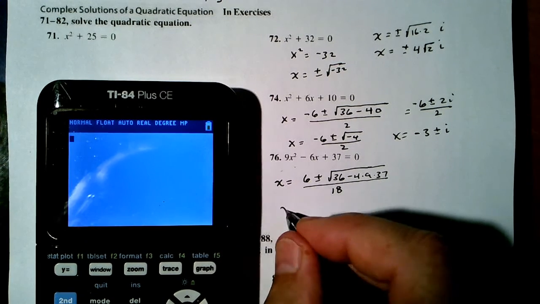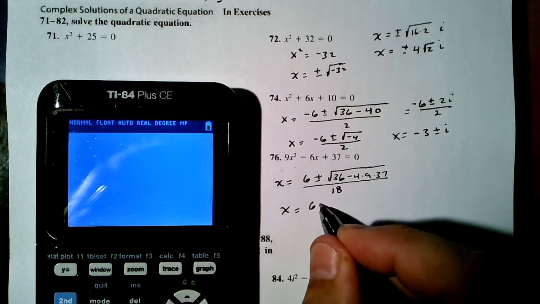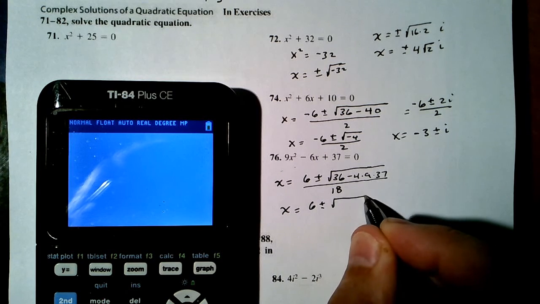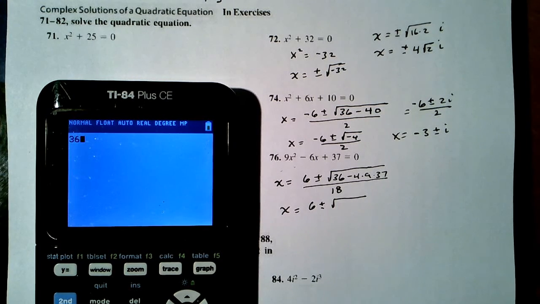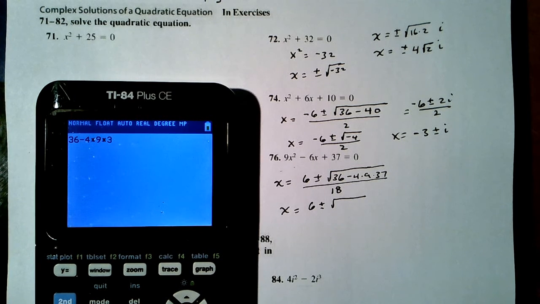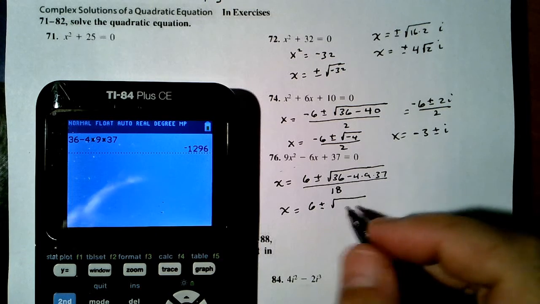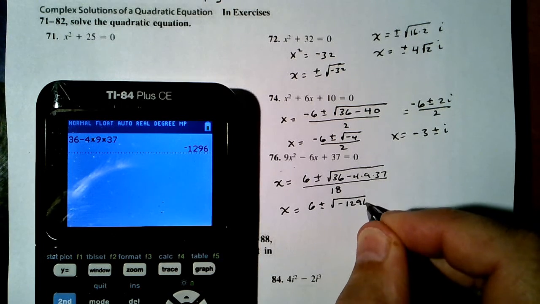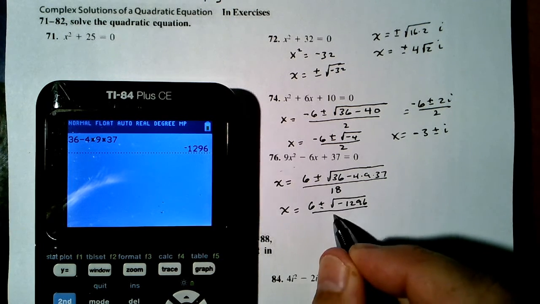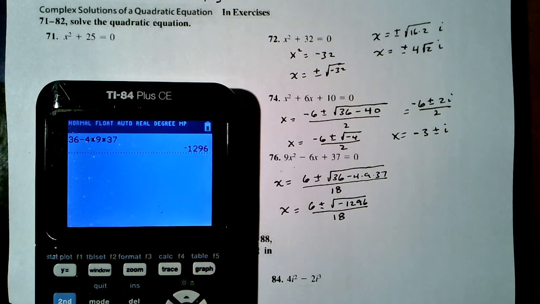Let's go. x equals 6 plus or minus the square root of 36 minus 4 times 9 times 37. And we get negative 1296. Yikes. All on 18. Wouldn't it be nice if 1296 was a perfect square? I'm rooting for you.